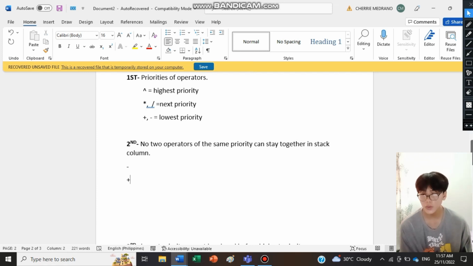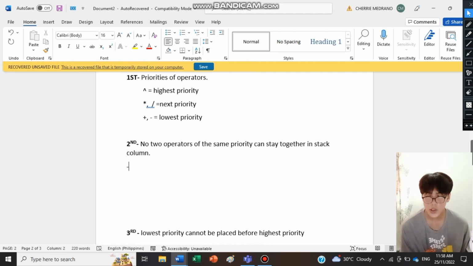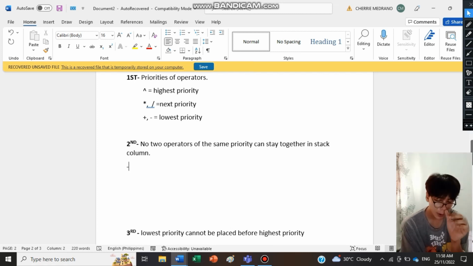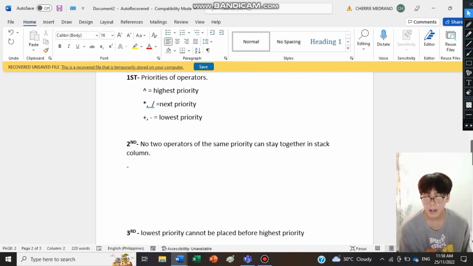After popping the plus operator, we're going to post it in our postfix expression, because every time we pop an element from our stack column, we're going to store it into our postfix expression column.